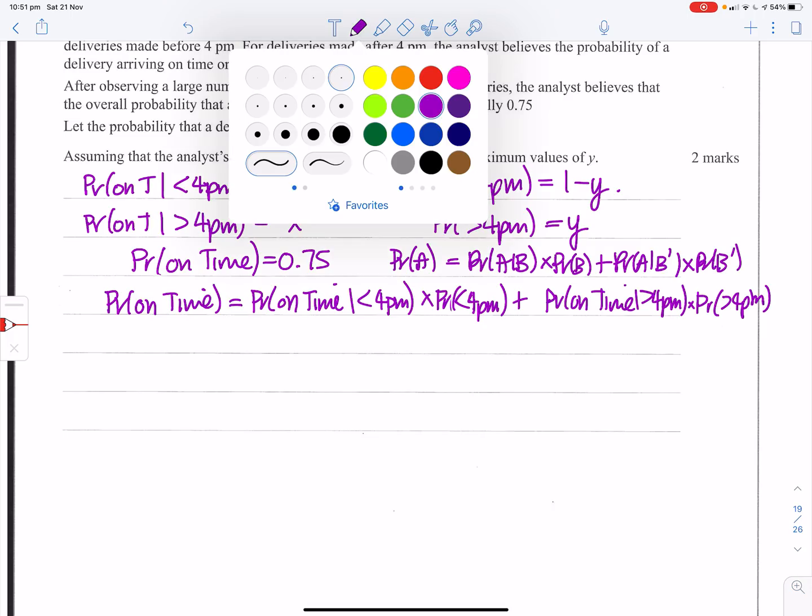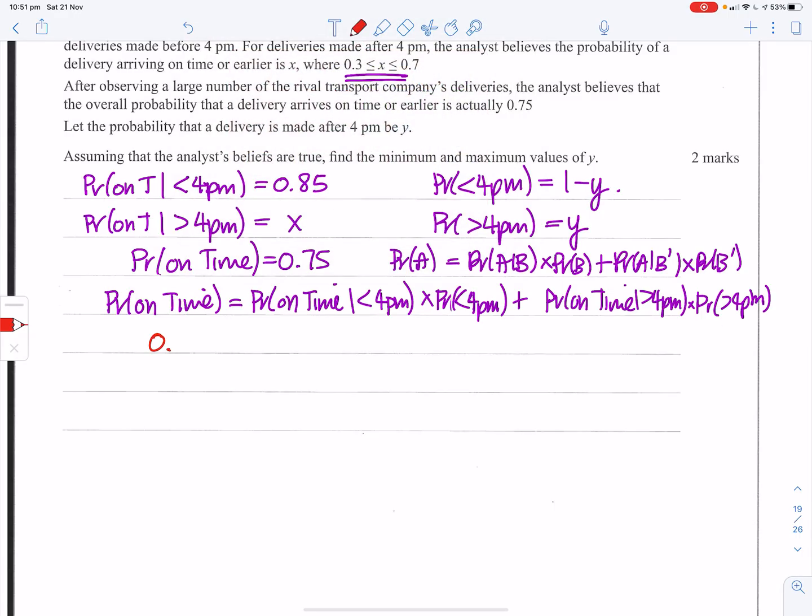Okay, so let's sub in what we know. 0.75. On time and less than 4 p.m. is 0.85. Less than 4 p.m. is 1 minus y. Plus, on time and greater than 4 p.m. is x. Greater than 4 p.m. is y. Find the minimum values of x and y.